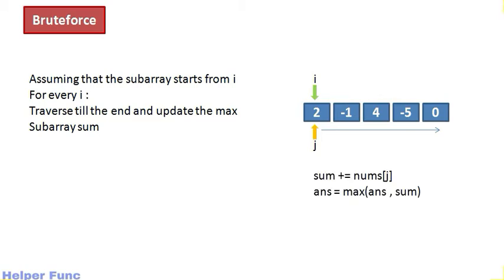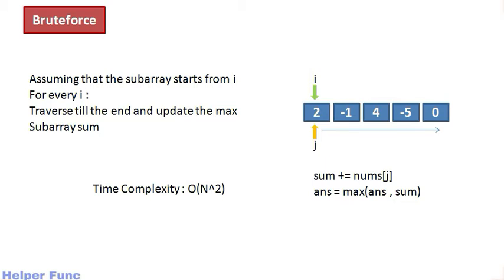We will add this nums of j to our sum variable, which will be initialized to 0. And every time if this sum becomes greater than answer, we will update our answer. But the time complexity of this approach is order of n square, as we are using 2 for loops, and thus it will not work in an interview.